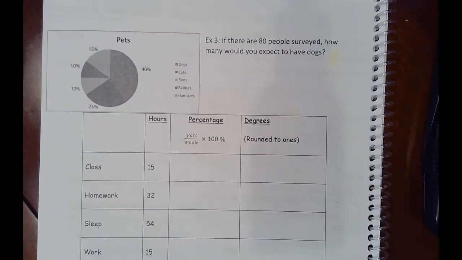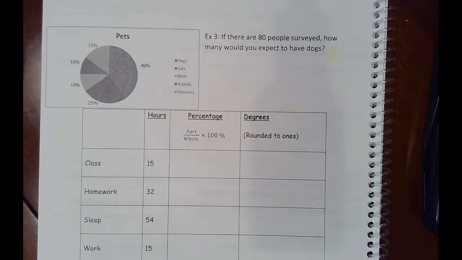On the next page, we start to look at pie charts and the various percentages that you can talk about with respect to a pie chart. We can also talk about pie charts using degrees because when you travel all the way around a circular figure, there are 360 degrees, and we can use our knowledge of percentages to figure out how many degrees should I devote to each category.